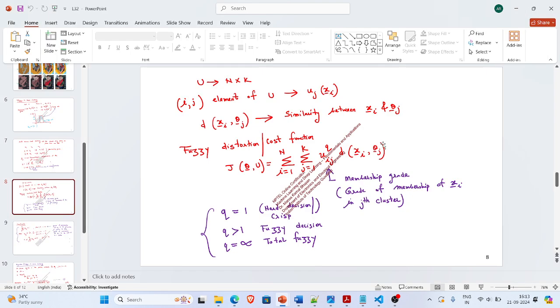Otherwise, if q is greater than 1, it is a fuzzy decision. And if q is infinity, or tends to infinity, then it is a total chaos situation, so it is not useful as well. So more than 1 but close to it is what is desirable.